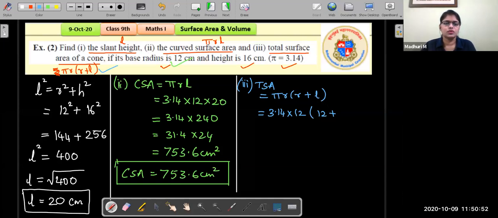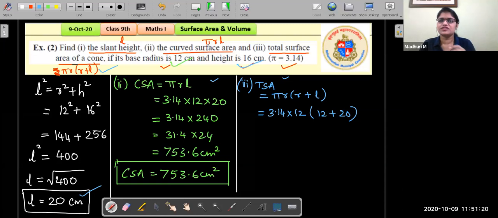It is 20. So you see, even though the height is given, we are not using height in the second and third part, but to find the length, the slant height, we need height. All right. So first, always try to find out L, even though it is not asked, because sometimes to make this question a little difficult, a little tricky, it is not stated that you are supposed to find slant height.